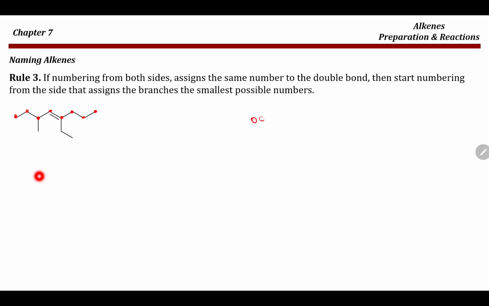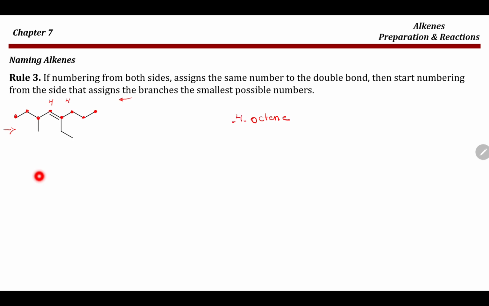So that's octene. Now, if I start counting from the left side, my double bond will be at position 4. And if I start counting from the right side, my double bond will also be at position 4. So it doesn't really matter with respect to the double bond whether we start from the left or right side. So this is octene for sure.